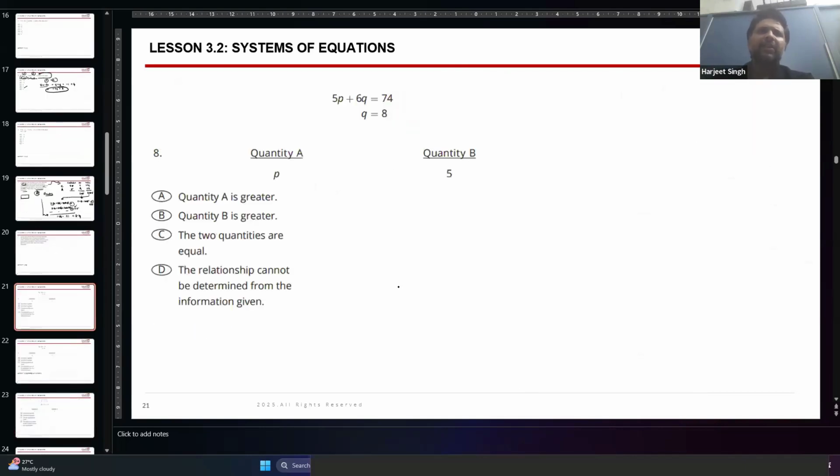Okay. A quant comparison problem. Two equations are given. Quantity A is p and B is 5. So can you solve this? Let me know.